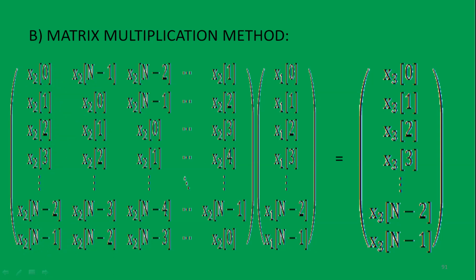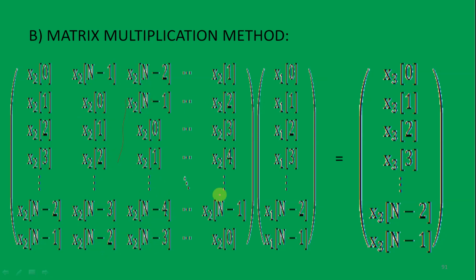Next, to complete the second column, place the last value as the first element, x2 of N minus 1, and repeat the same for the rest, that means from x2 of 0 to x2 of N minus 2. In the same way, the third column has the last element first, x2 of N minus 2, then x2 of N minus 1, and the remaining down to x2 of N minus 3.